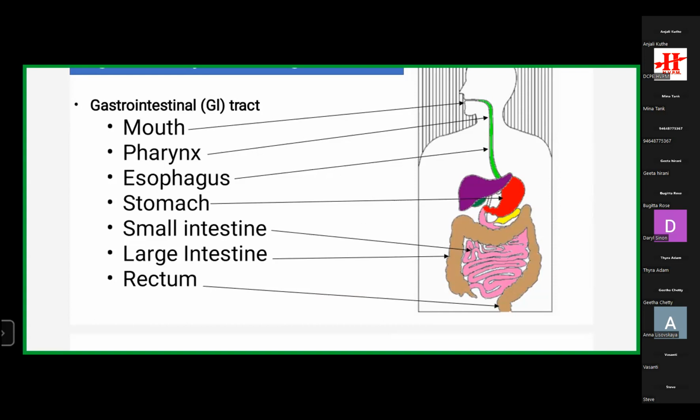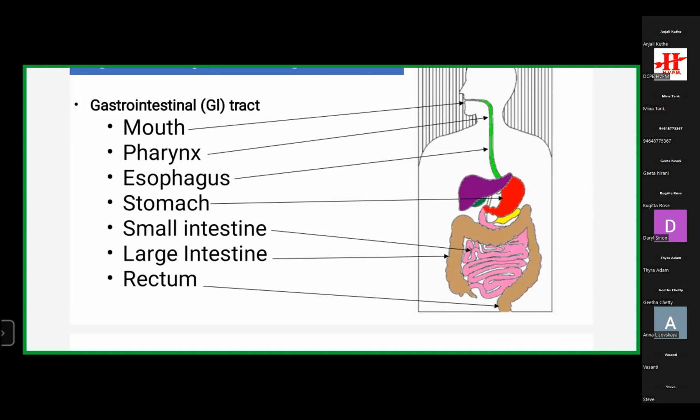Now, from the mouth, the food which is mixed with saliva and chewed with the help of teeth forms a bolus, which is alkaline in nature. This bolus now enters the pharynx.